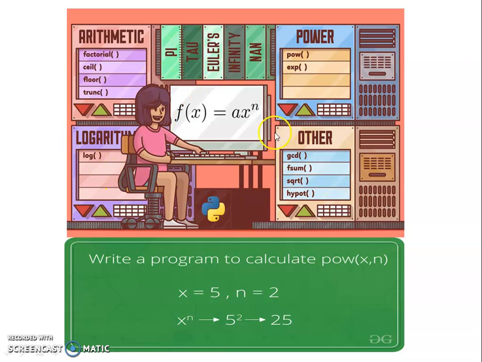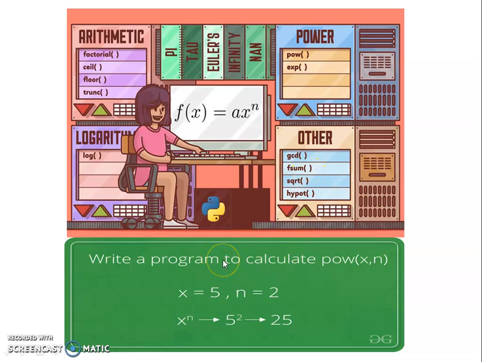In this diagram, what should you see? You see the words arithmetic, logarithmic, f of x is equal to a raised to x, power, and here they give factorial notation, log function, GCD, common divisor.